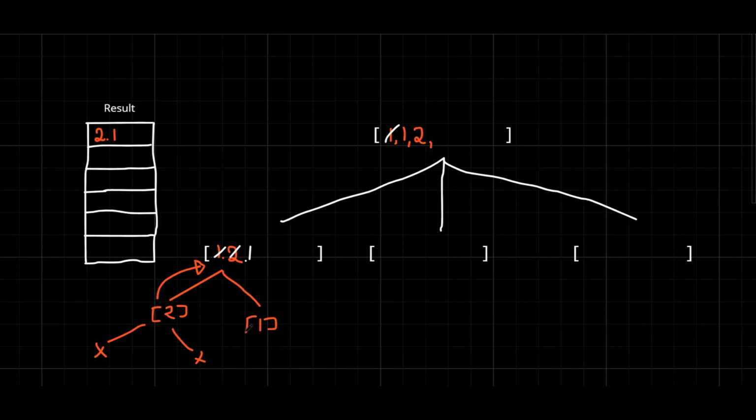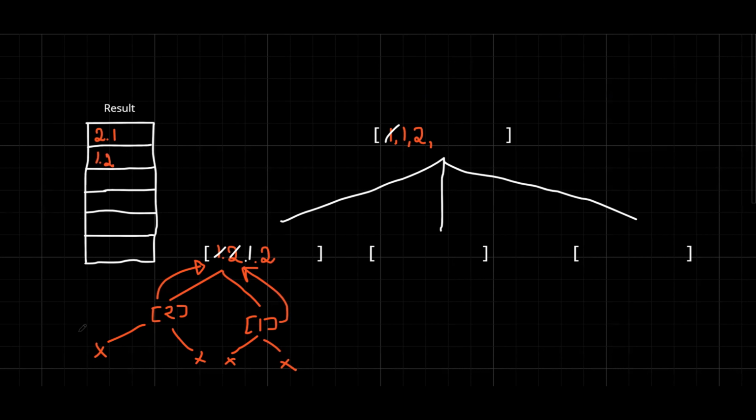So from this 1, we cannot go any further because this is the base condition. So we have to return from this 1. And as we ignored the value 2 while exploring this path, we have to insert the value 2 at the last of the vector. So now our vector contains 1 and 2. So I am writing it down here.